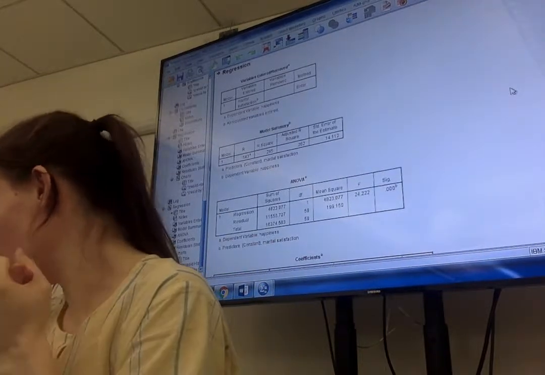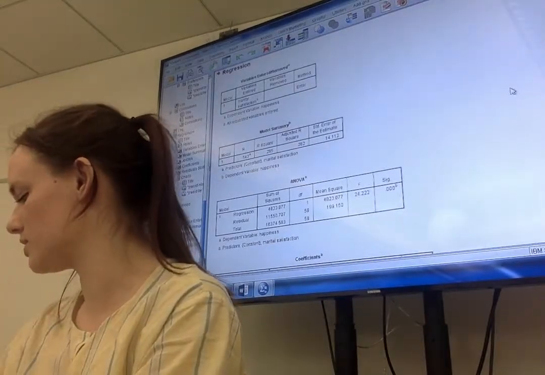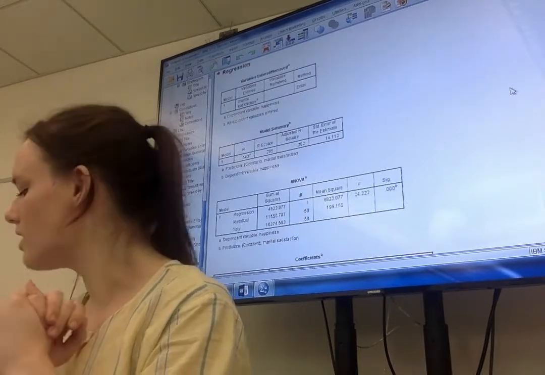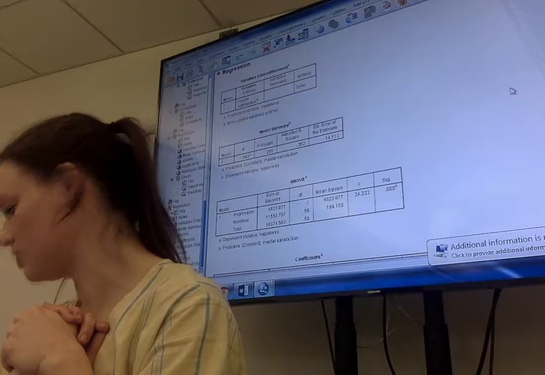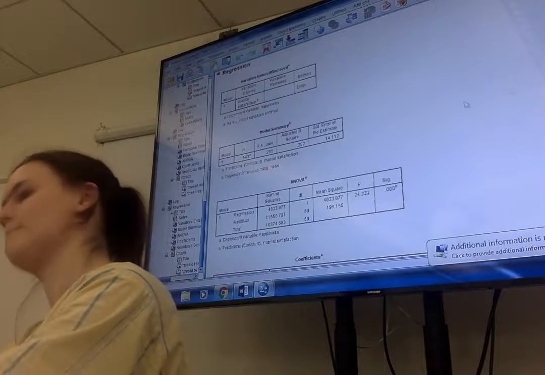So again, the R is the Pearson correlation between the two variables. The R squared is the proportion of variance that is shared between the two variables. And then adjusted R squared is just correcting for what it might look like in the population. And the adjusted is with the little hat on it.